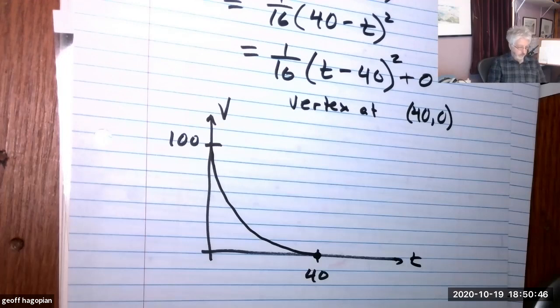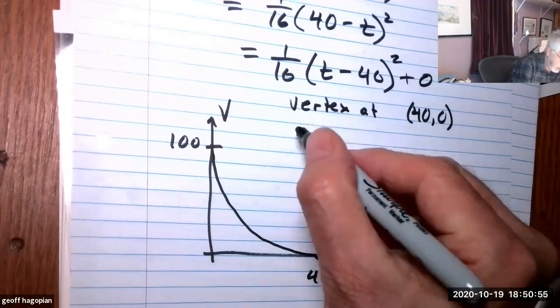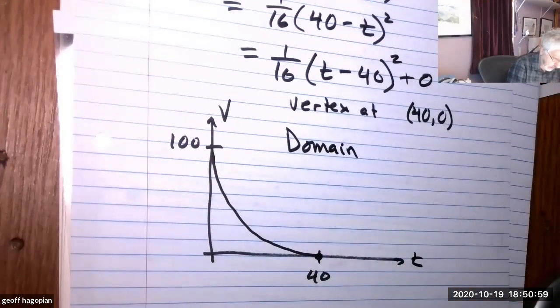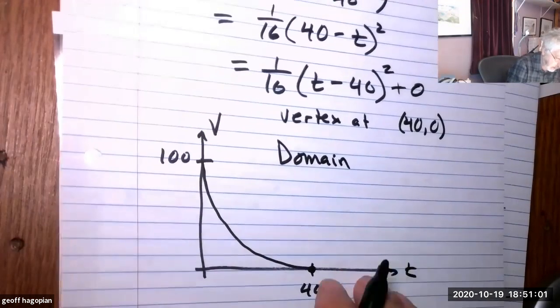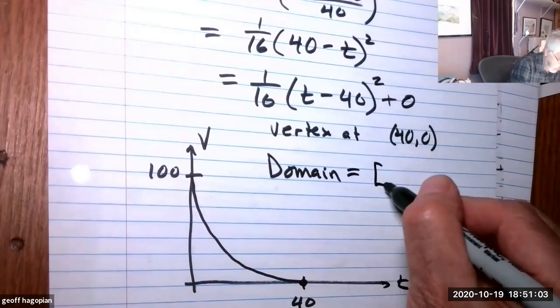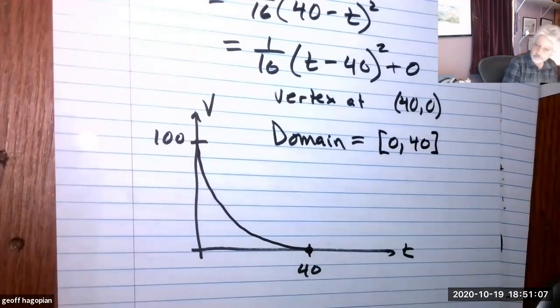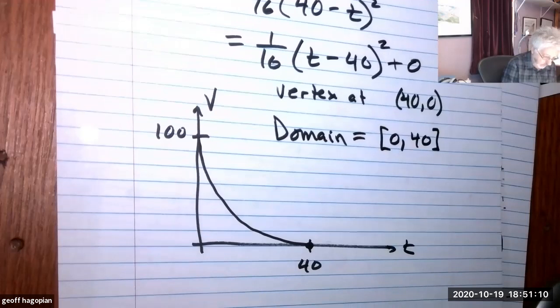And this part of the curve is 1-to-1. So this function only applies on the interval. The domain here, and this is because of physics, not because of the math, equals the interval from t is 0 up to 40 inclusive. And on that restricted domain, this is invertible.